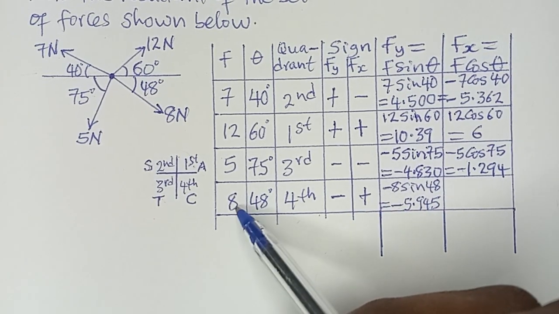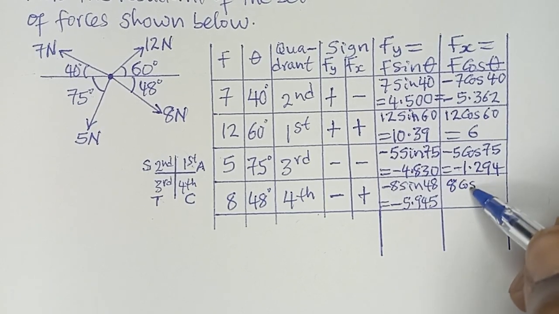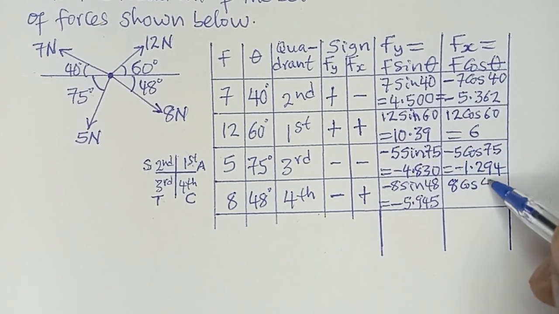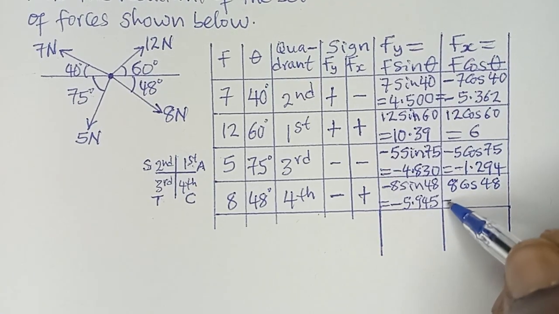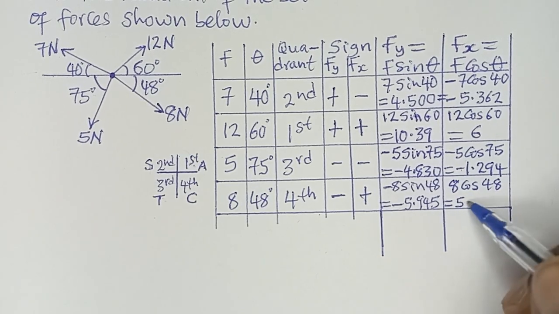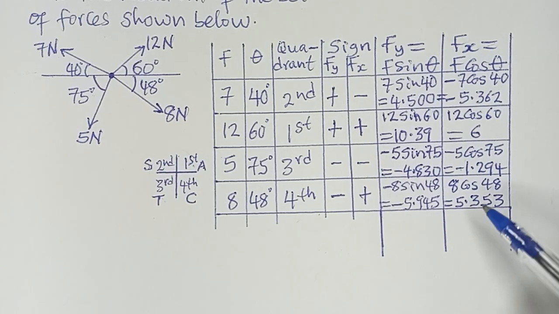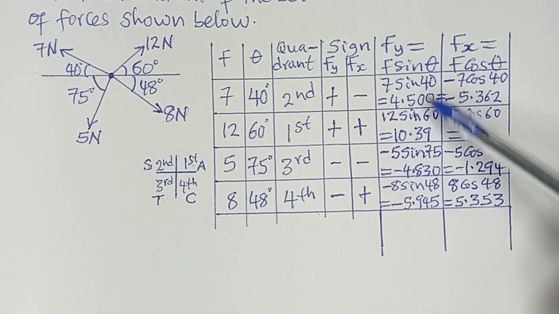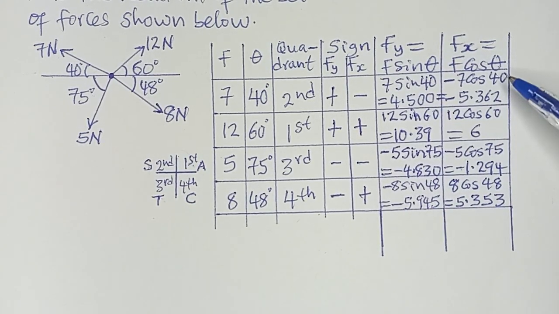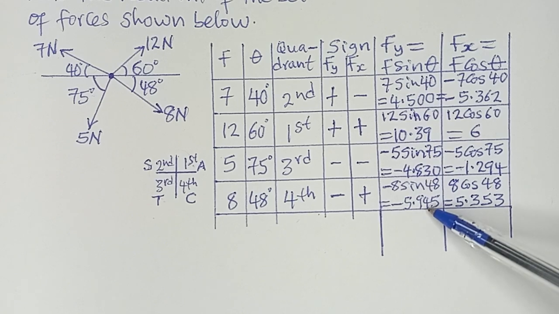And then finally, the last one is positive. So I'm simply going to take positive 8 multiplied by the cosine of the angle, which is 48. And that will be equal to 5.353. Now that we have all the horizontal and vertical components, we simply need to add all the values of the vertical components.